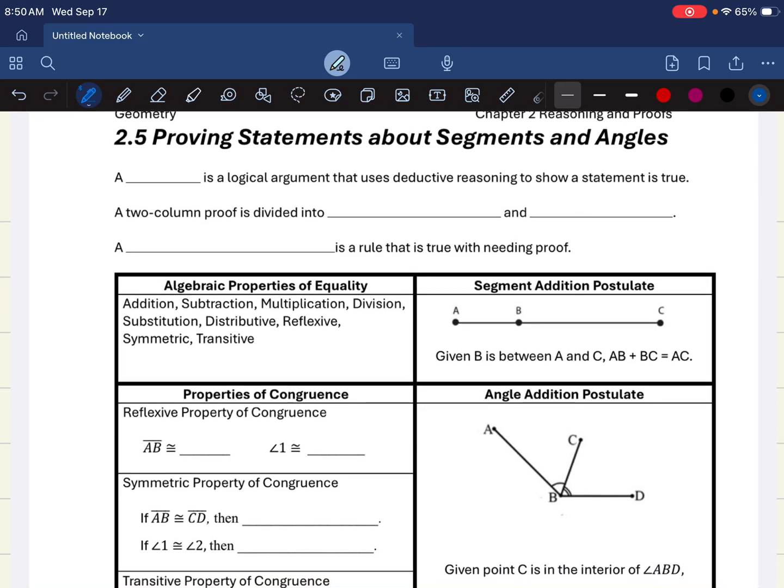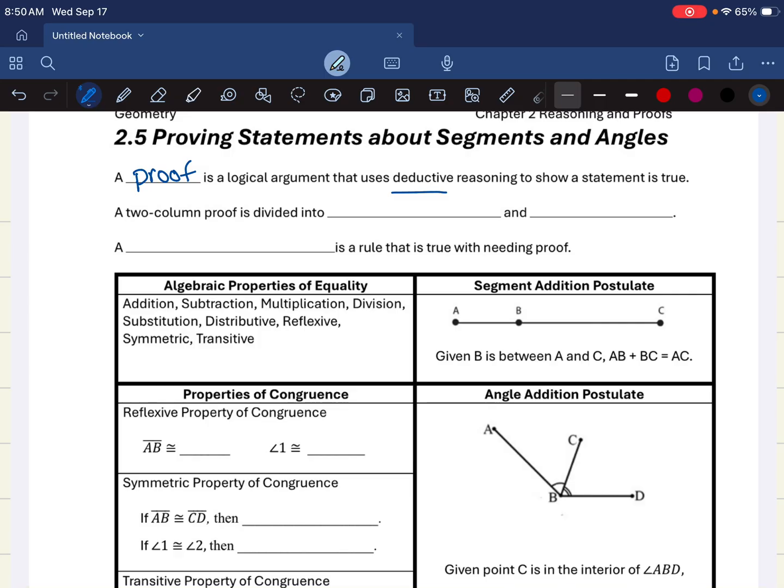Okay, so a proof is a logical argument that uses deductive reasoning to show that a statement is true. A logical argument that uses deductive reasoning. What is deductive? We just took a quiz over this. Based off what? Not pattern.